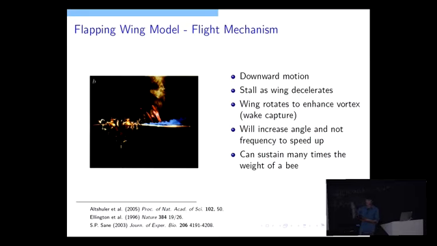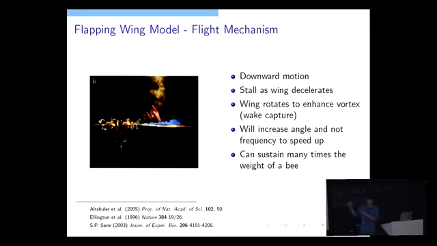But in the second half of the downstroke, the wing has to decelerate, and the vortex leaves the wing a bit, and less lift is generated because the pressure difference isn't as great. But then, as the wing is about to come up, it rotates a bit so that as it's coming up, it again pushes the air in the same direction that it was before.